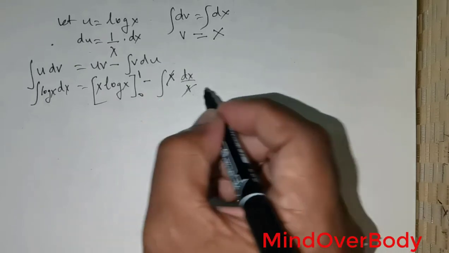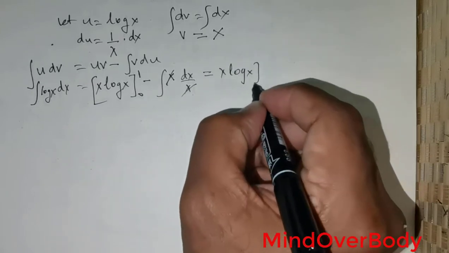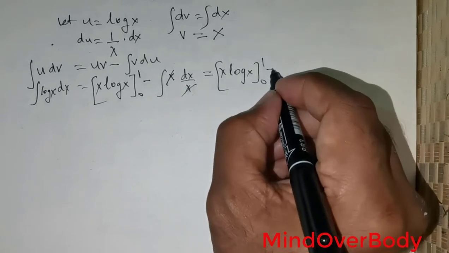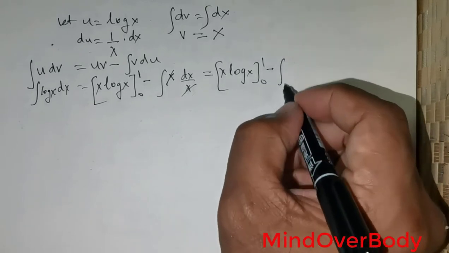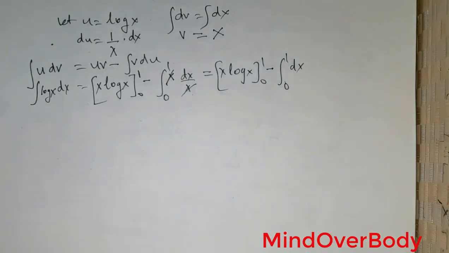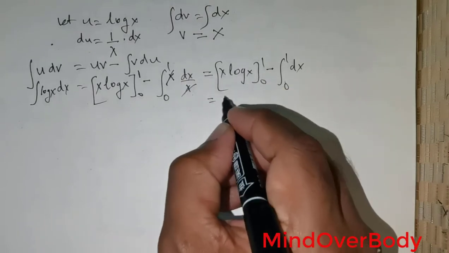So x and x gets cancelled. This is equal to x times log x from 0 to 1, and we got a negative sign followed by integral 0 to 1 dx, because the limits are 0 to 1. Now if you were to place the upper limit, it's 1, log 1 is going to be 0.